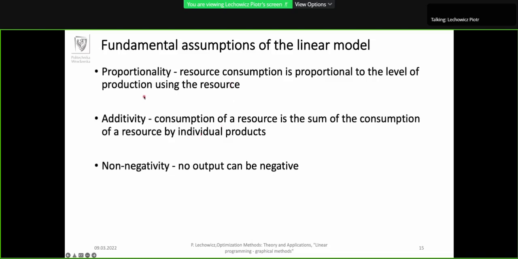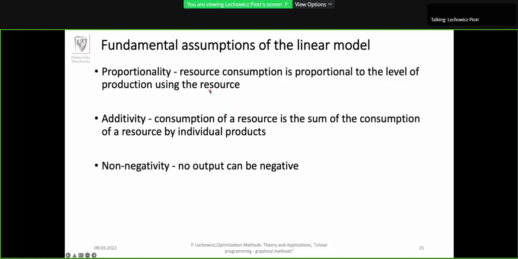So proportionality, it was visible in the first example in the selection of values for the production of copper cables, where the decision was irrelevant because we were obtaining the same revenue. So the proportionality: resource consumption is proportional to the level of production using the resource.